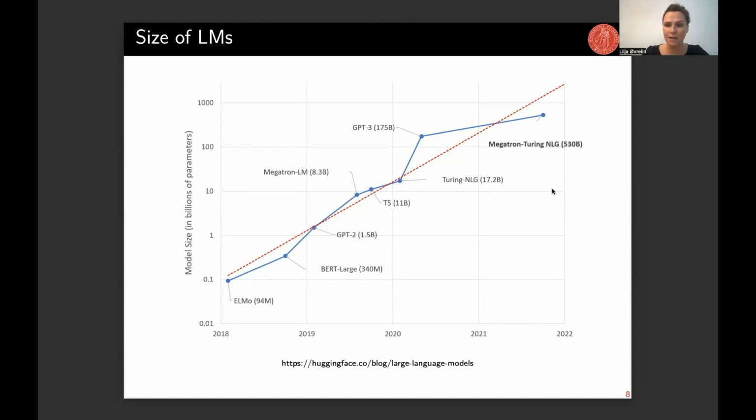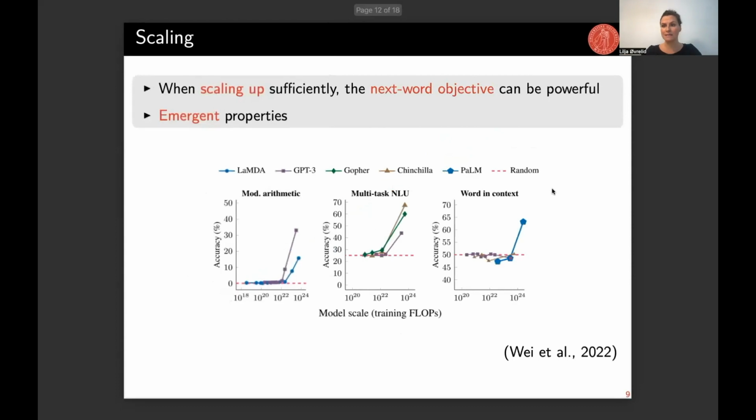The reason for that, as has been shown in recent research, is that this scaling up actually leads to what has been termed emergent properties.